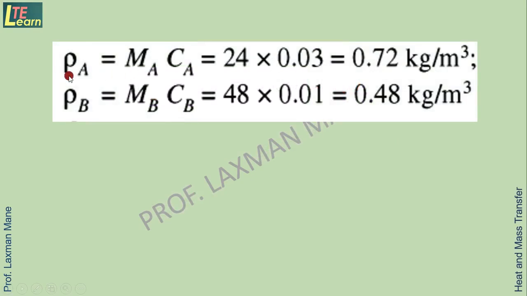We can find the densities of the gases. So density of gas A will be equal to mass into concentration for gas A. Mass is given, concentration we calculated, so we find this rho A. Similarly we do the rho B calculation. Mass is given, this value is calculated, so we find this. So we now got the densities of the individual gases.